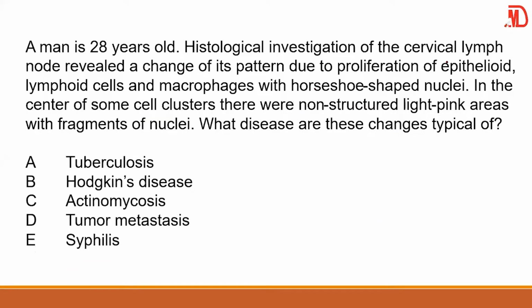A man is 28 years old. Histological investigation of the cervical lymph node revealed a pattern due to proliferation of epithelioid lymphoid cells and macrophages with horseshoe-shaped nuclei. In the center of some cells, there were non-structured light pink areas with fragments of nuclei.